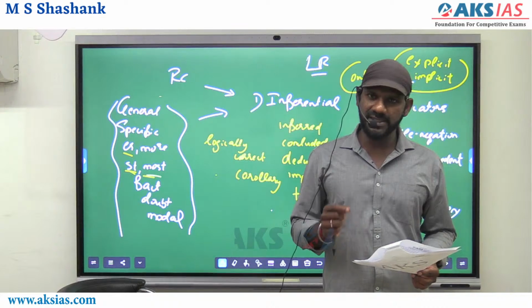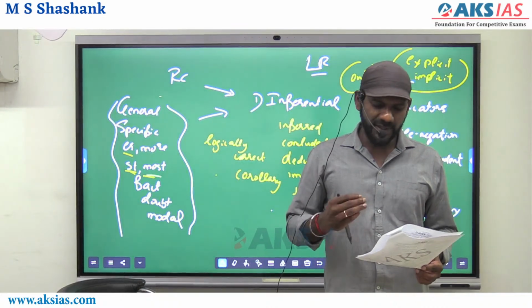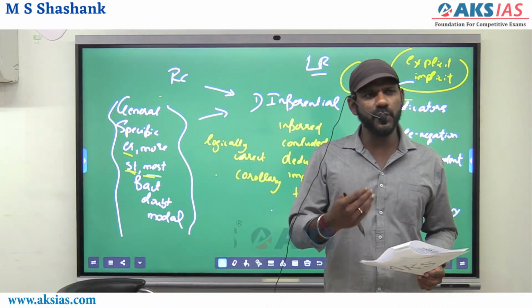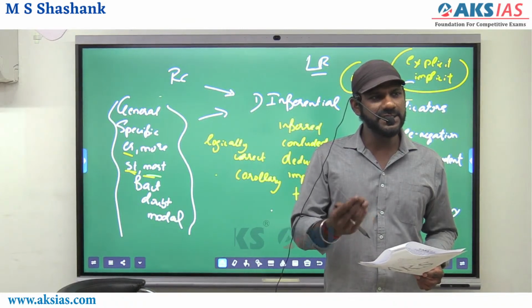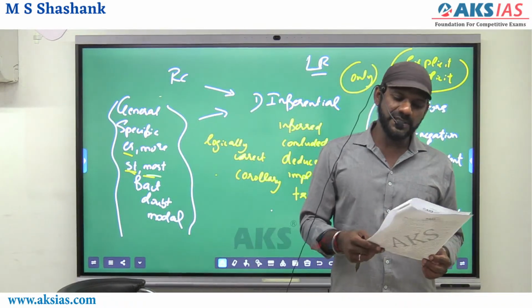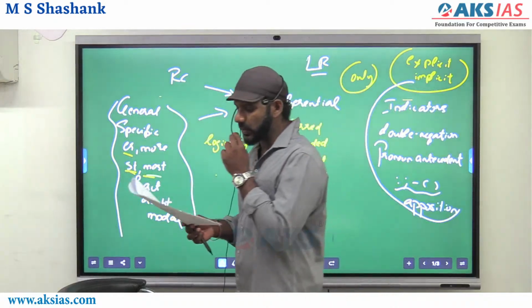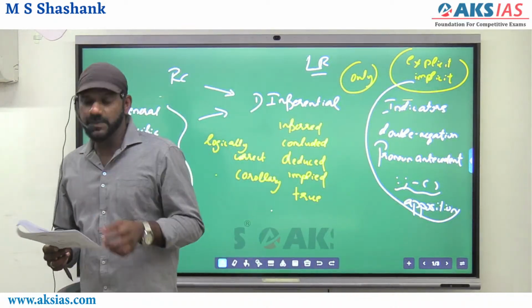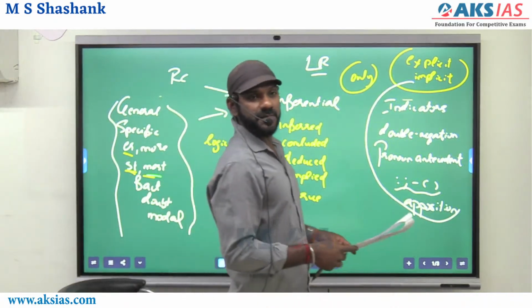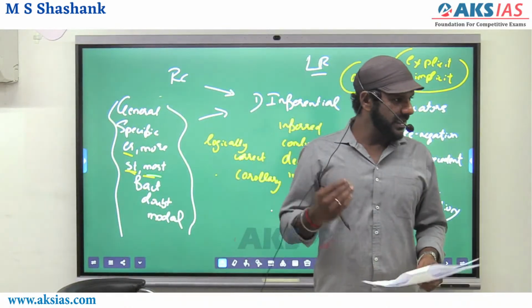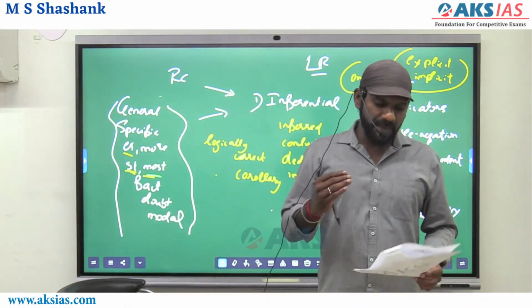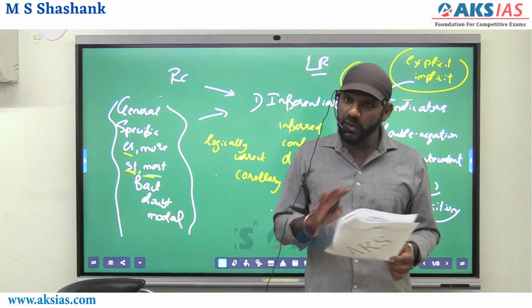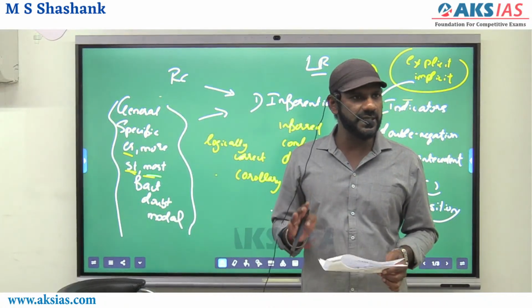That the greenhouse effect is real and is happening. Resistance to the idea means supporting the idea or contradicting the idea? Contradicting the idea. Fine. Resistance to the idea among many in the US has been hardened. So this part tells us that even though we have powerful evidence to show that the greenhouse effect is real and is happening, many people in the US don't believe that it is real and is happening.